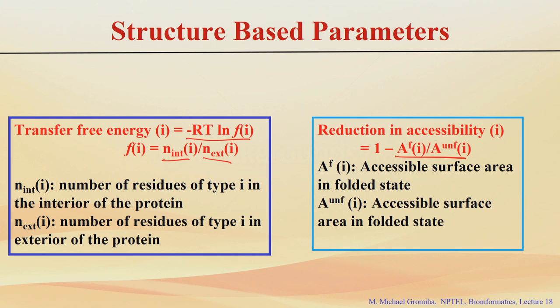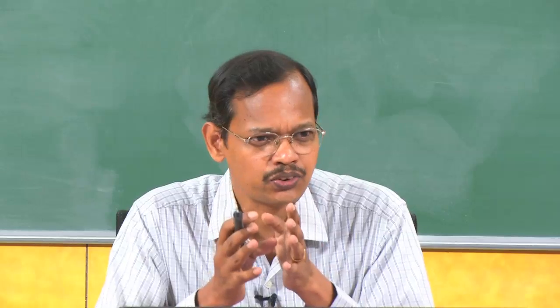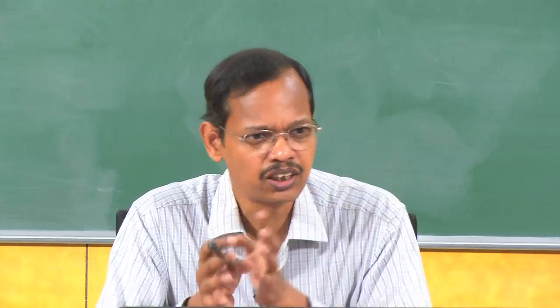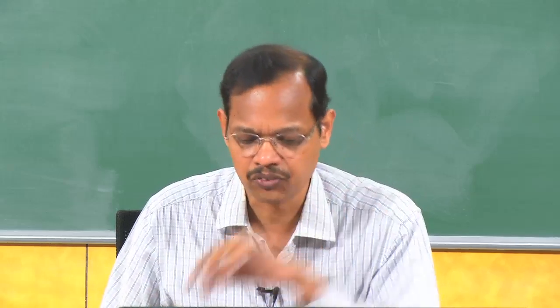This will give you the ratio, showing how far it is reduced. Then you subtract this from 1, so 1 minus this quantity will give you the reduction in accessibility of the specific residue from the unfolded state to the folded state.